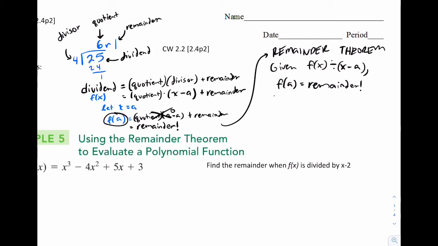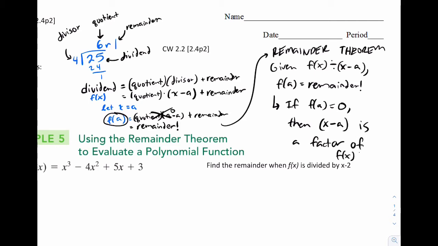And that's actually quite powerful, because that would mean if f of a equals 0, meaning there was no remainder, then x minus a is a factor of f of x. So for now, if this is still, again, kind of blurry, that's okay. This part we're not going to use quite yet. We're going to focus on the remainder portion.